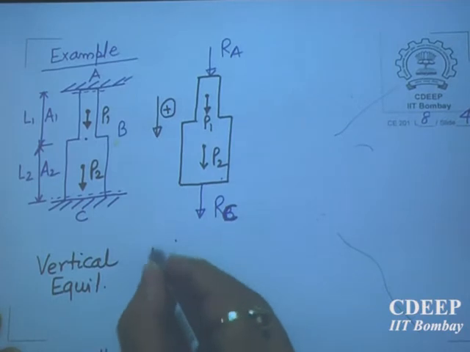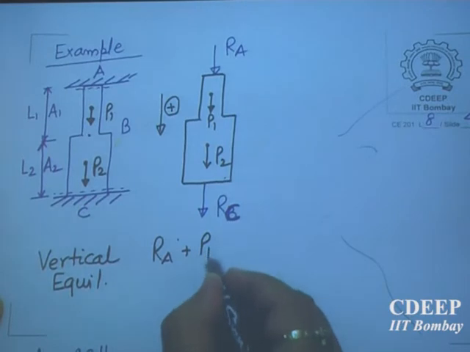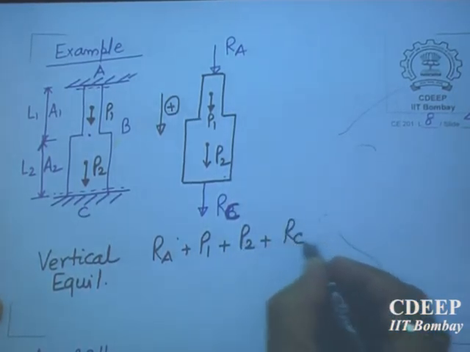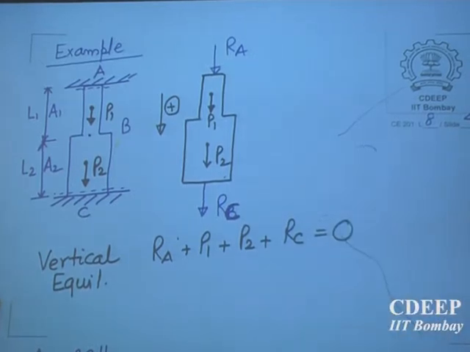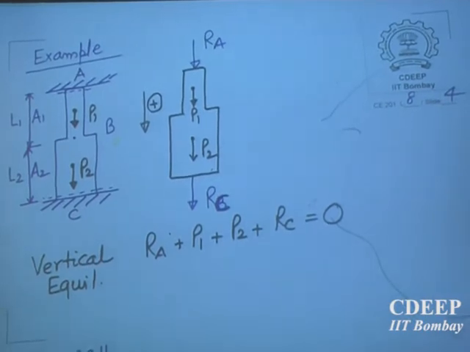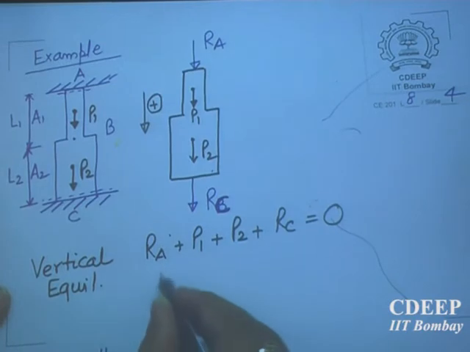So you will have RA plus P1 plus P2 plus RC equal to 0. Is there any other equation that I can write? How many equations of equilibrium does this problem have for loads acting in one direction? Only one condition. And how many unknowns are there?